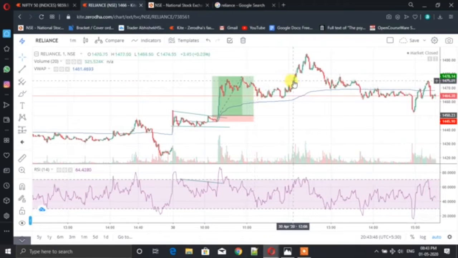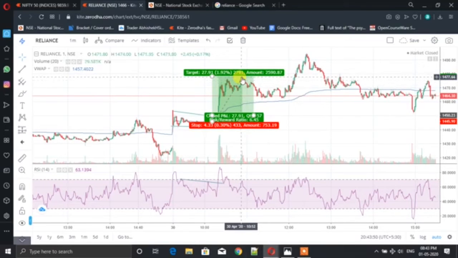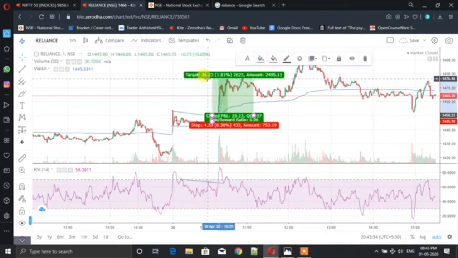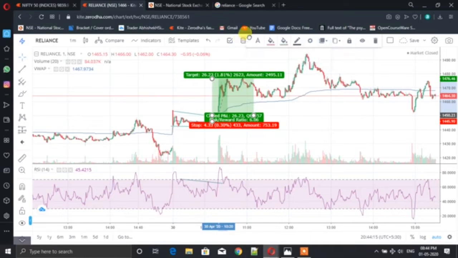This is actually a pretty big move. Once it made a high of 1476 from the 1450 region, let's take 26 points, it consolidated for a while from 10:30 to 12 o'clock, and again we could see a big move in Reliance.